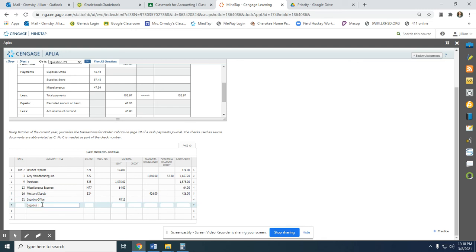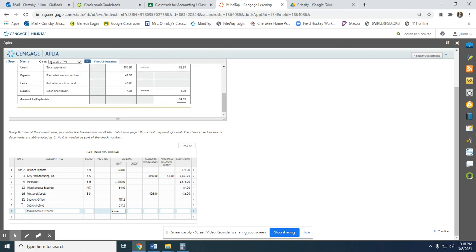Supplies store, 57.18. And then miscellaneous expense, 47.64.